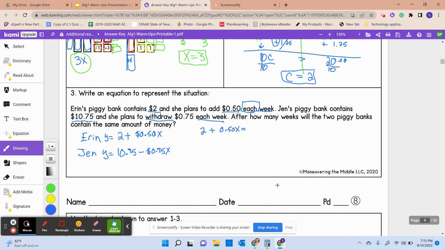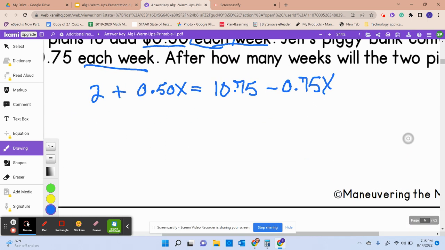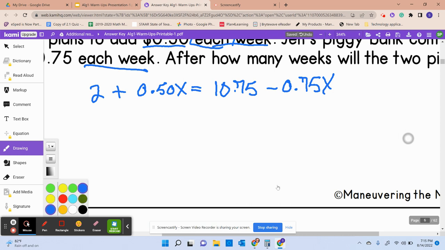0.50x is equal to $10.75 minus 0.75x. Well, we still have to go through this same process now of matching up to make sure that we match the X's with the X's and then the regular money with the regular money. And so what I would like to do is I always kind of like to make my X positive.